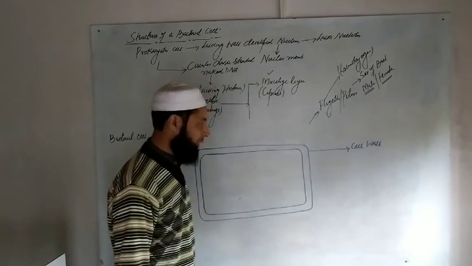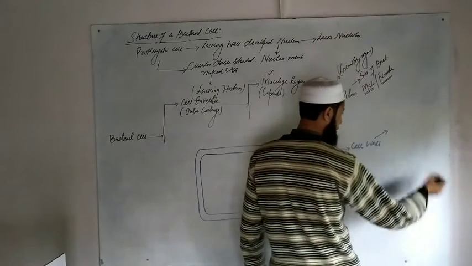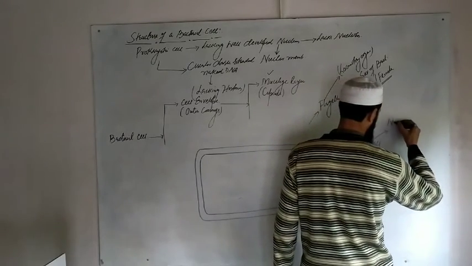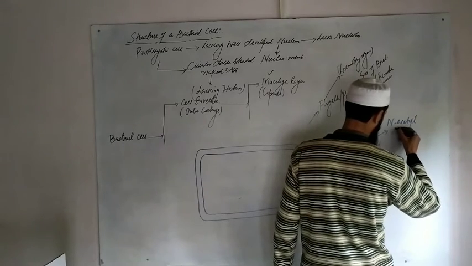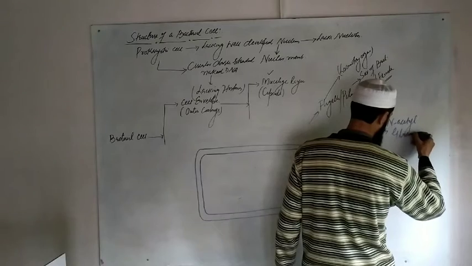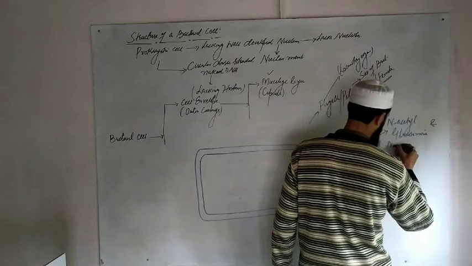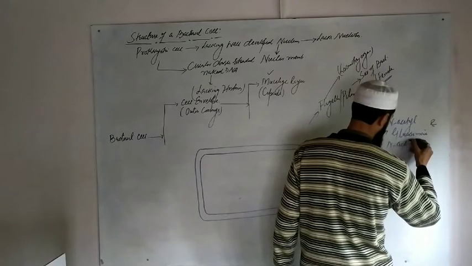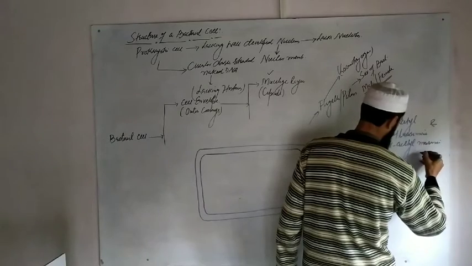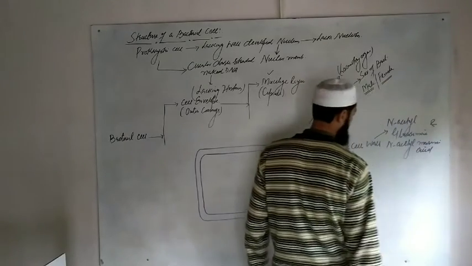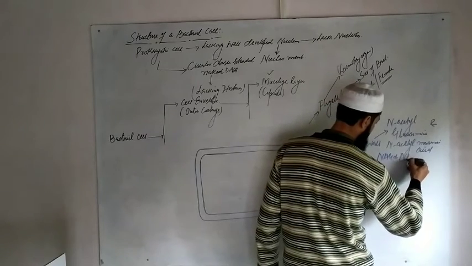The bacterial cell wall is made up of two components. One is N-acetyl glucosamine and the other is N-acetyl muramic acid, that becomes NAG and NAM.